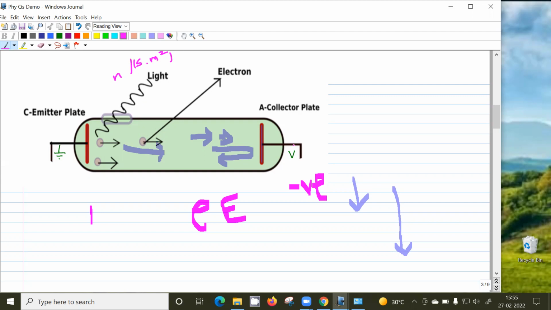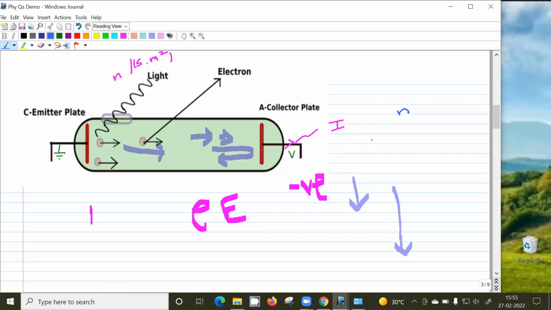Now, because of this, there will be some current here, right? Yes, sir. So can you relate this current to the intensity of the light? How do you relate the current to the intensity of light, that is n photons per second per unit area?